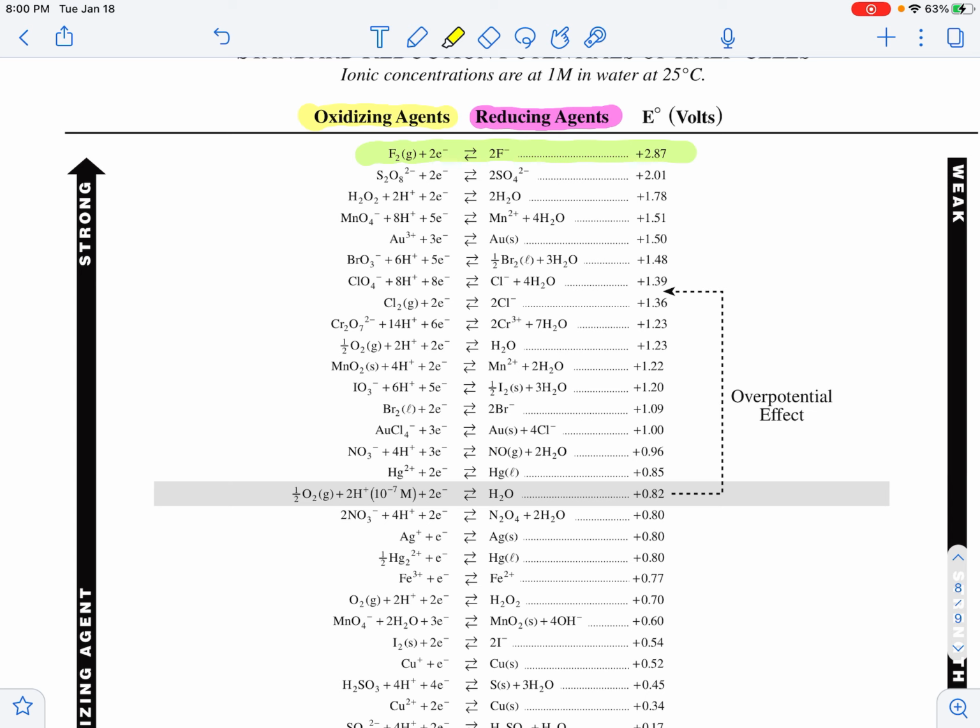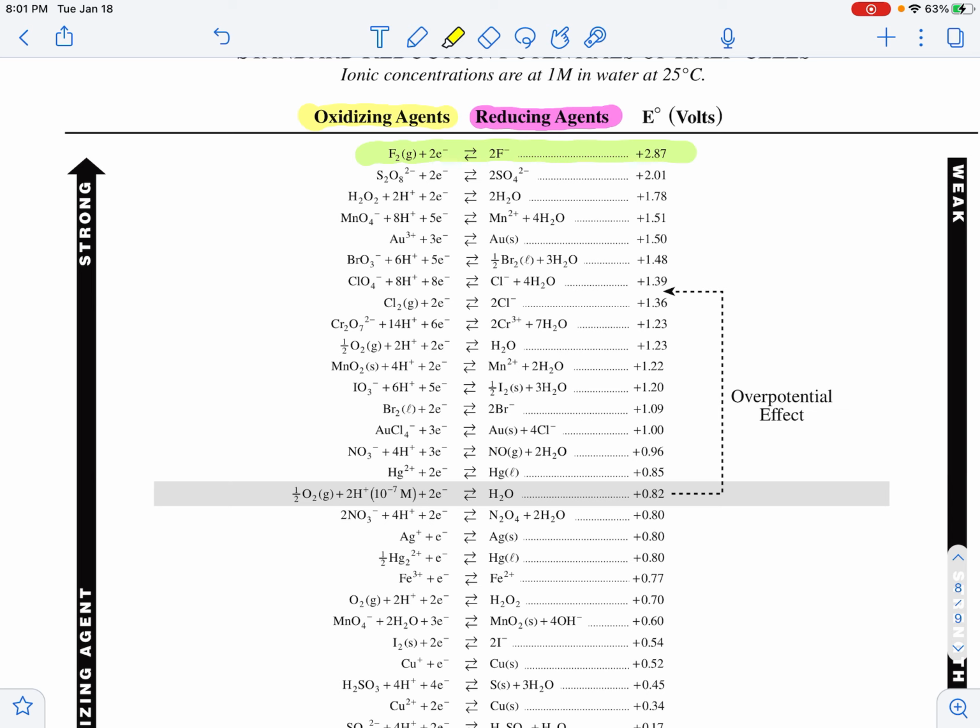And so the thing that wants to reduce the most in the universe is F2. It's on the top of the chart on the left-hand side. It's the most skookum oxidizing agent that's out there in the universe, and it forms F minus really, really easily. But you can flip that coin: if you have F minus and you're trying to get it to oxidize to F2, well, the opposite tendency occurs.